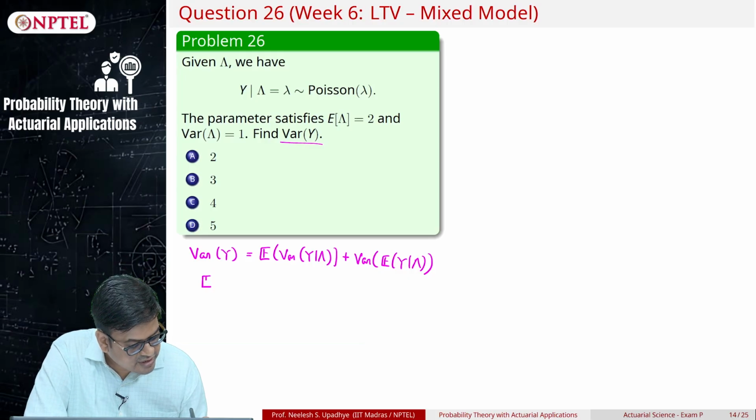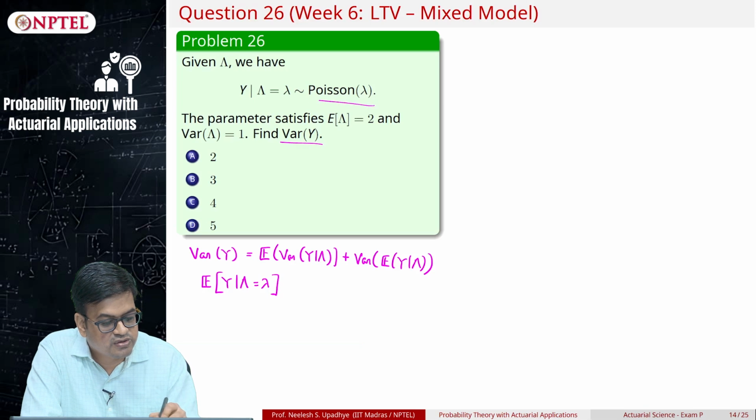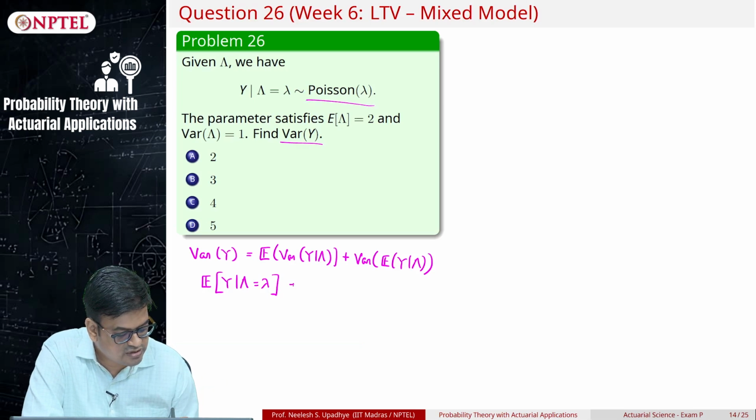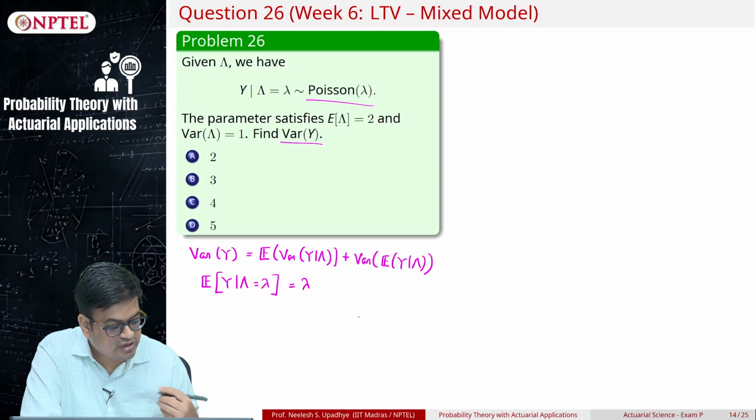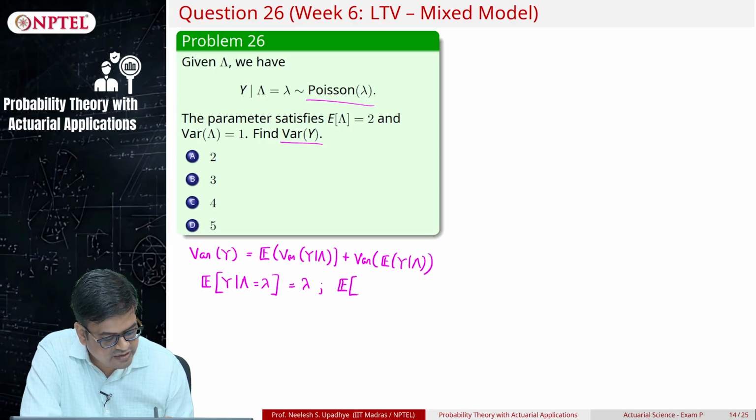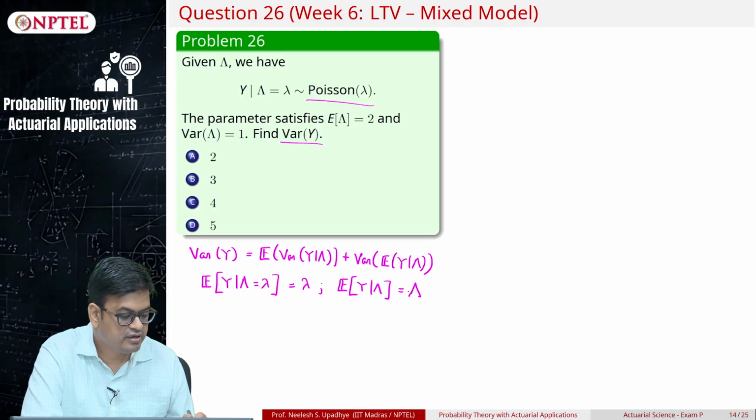So, expected value of Y given lambda equal to small lambda. Do I know that? It is told to me that this is Poisson(lambda). So this is going to be lambda. Now you bring in that version where the random variable itself is not a realization, that is, this will be capital Lambda, right.